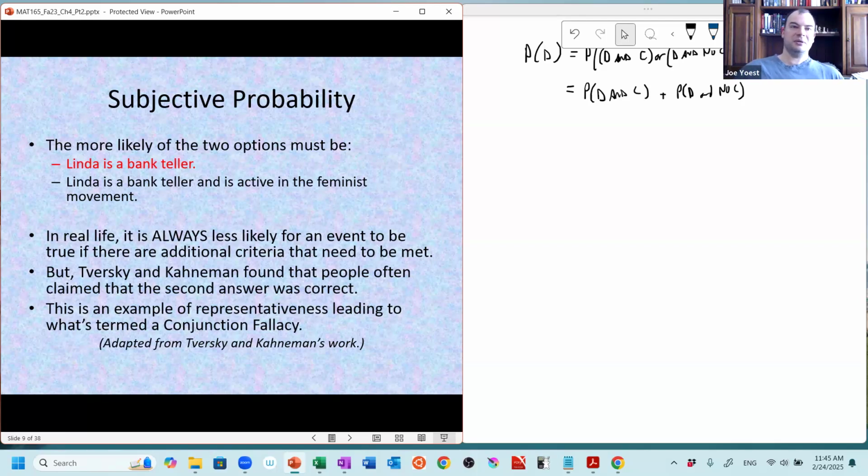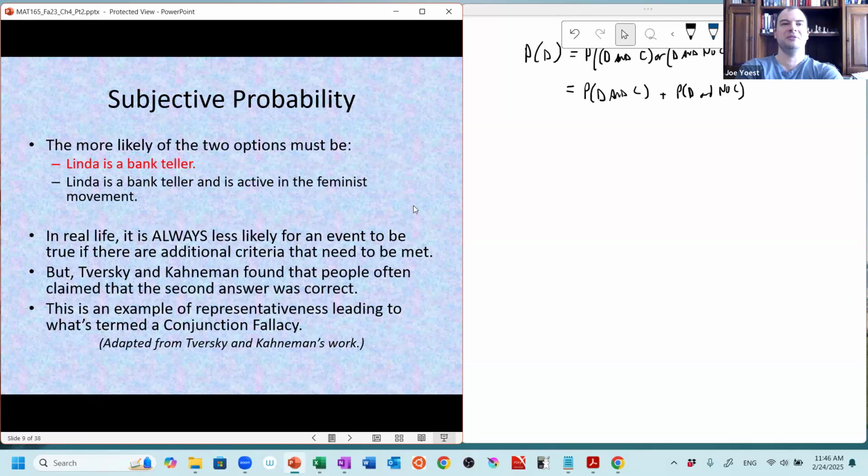Well, there are going to be some that are not red. There are fewer red Toyota Corollas than just Toyota Corollas. There have to be fewer people who are bank tellers and active in the feminist movement than simply people who are bank tellers. So people would claim the second answer was correct, but mathematically it has to be the first answer. And they term this the conjunction fallacy.